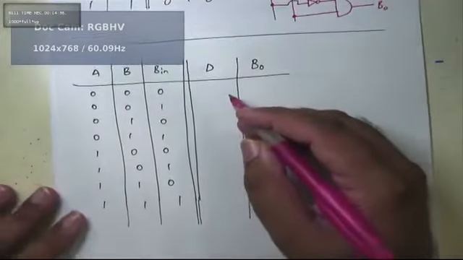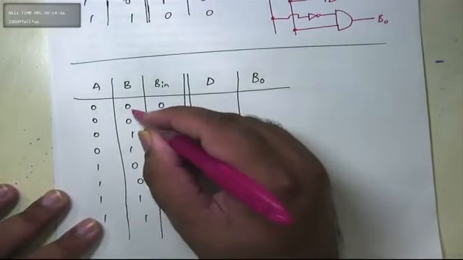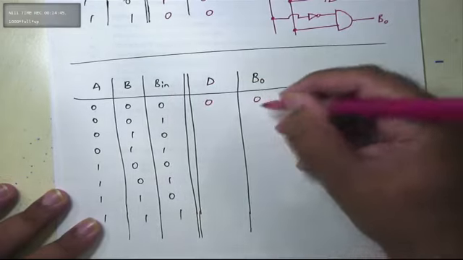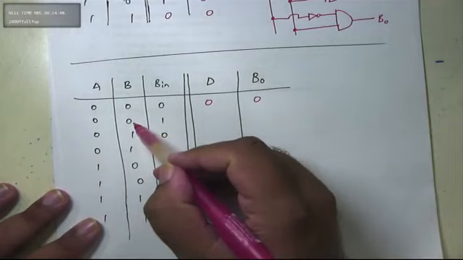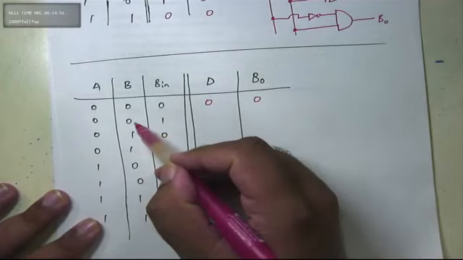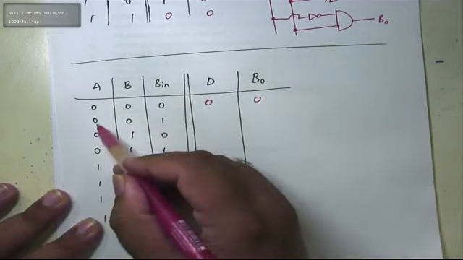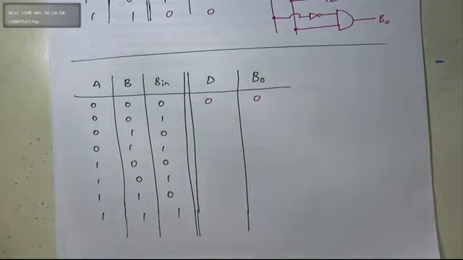A minus B minus borrow in. 0 minus 0 is 0. Borrow is 0. Right. 0 minus 0 is 0. Right. Now, 0 minus 1 is... So basically there's an interim answer. It's like saying 5 minus 3 minus 2.